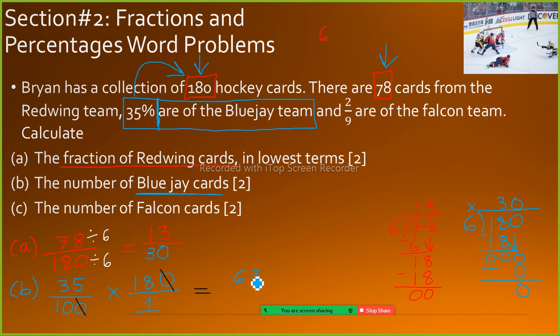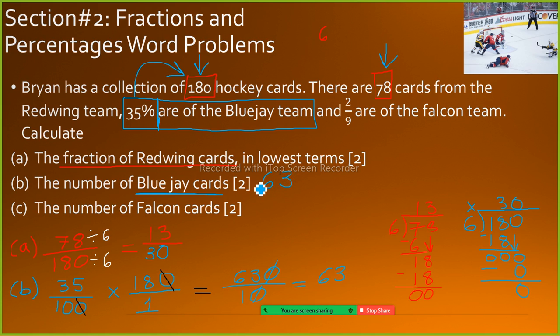So that's 630 divided by 10, which is, well, we could cross out these two zeros, and that leaves us with 63. And so the number of Blue Jay cards is going to be 63.